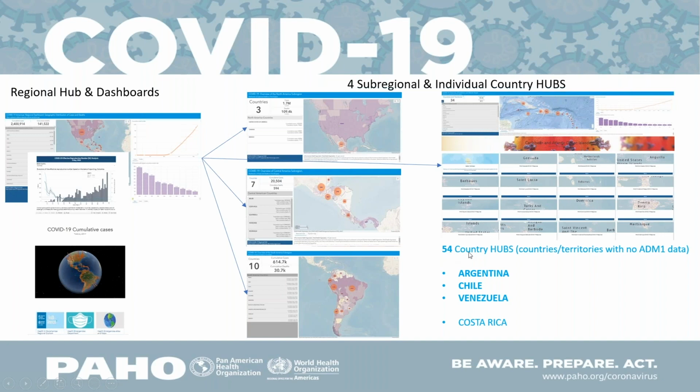In total, we're aiming to produce 54 country hubs, but some countries or territories don't have administrative one data. And now we are in the testing period, trying to receive information live from Argentina, Chile, Venezuela, and Costa Rica.